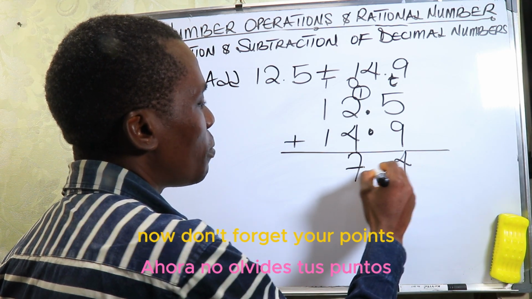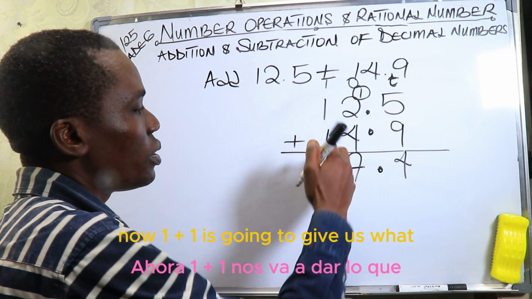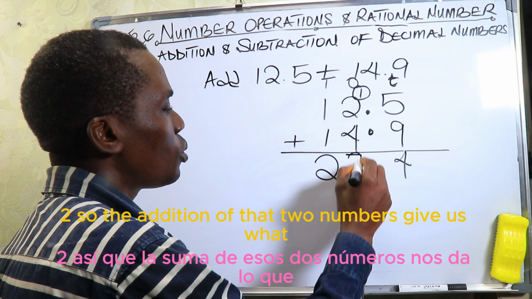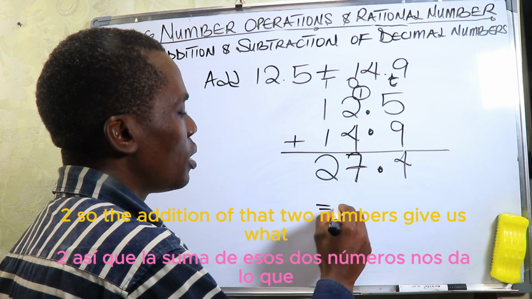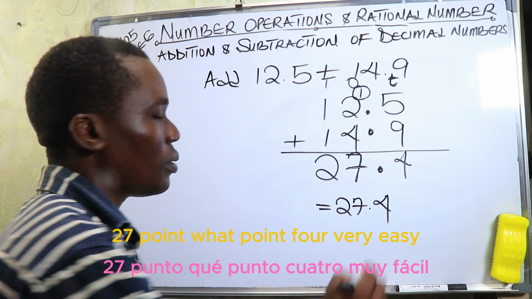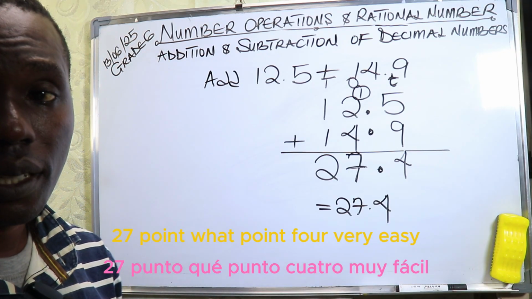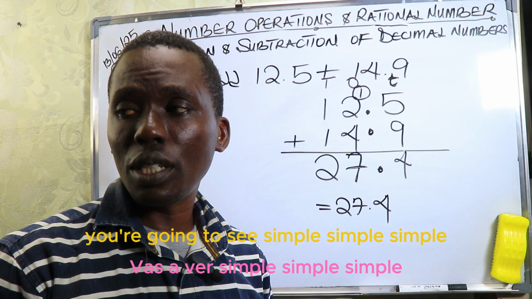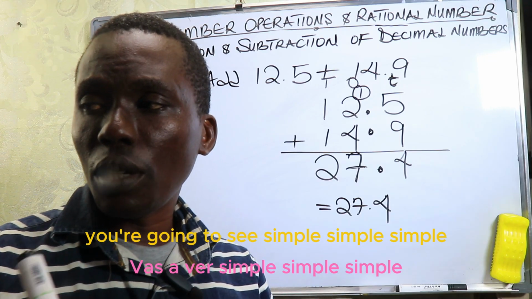Now don't forget your point. Now 1 plus 1 is going to give us 2. So the addition of those two numbers gives us 27.4.